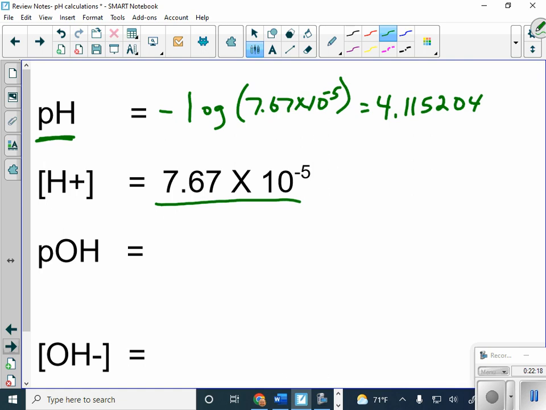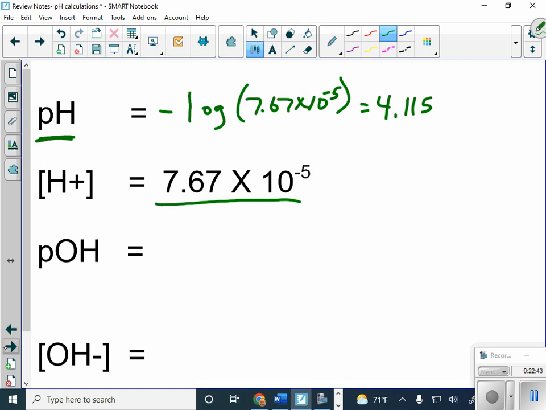So my correct value with 3 sig figs is going to be 4.115. That is my pH. Now, what was your problem? Well, I put, instead of log, I put second log. Then that's the anti-log. Yeah. Okay, you did it wrong.